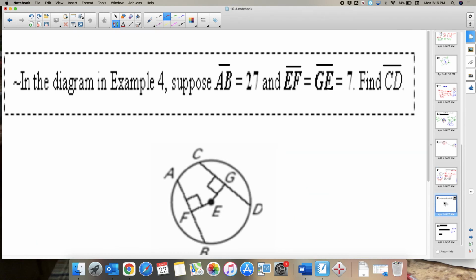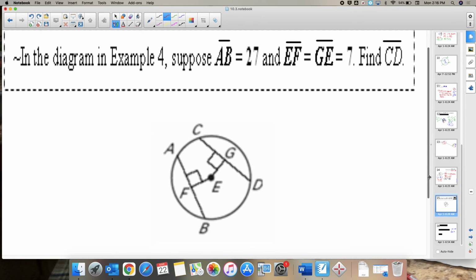All right, taking a look at our last problem then. It says in your diagram in example 4, AB is 27, EF and GE are both 7. So EF is 7, GE is 7. If AB is 27, find the length of CD.